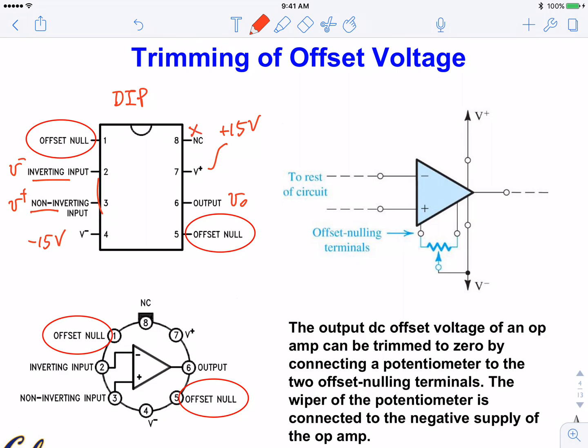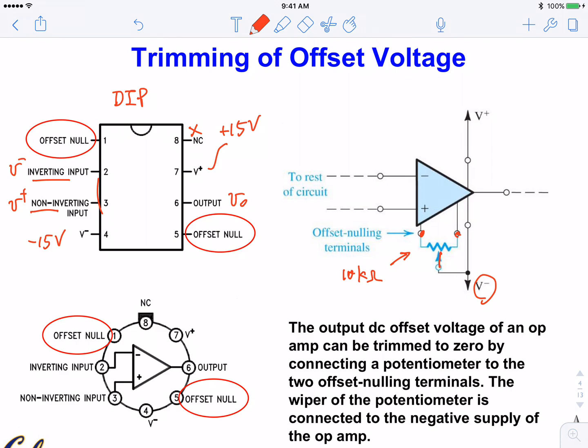These two offset terminals are intended for you to use like this. You connect these two terminals to V minus through a variable resistor, a potentiometer. There is a suggested value, maybe a total 10 kilo ohm potentiometer, with the middle terminal connected to V minus.